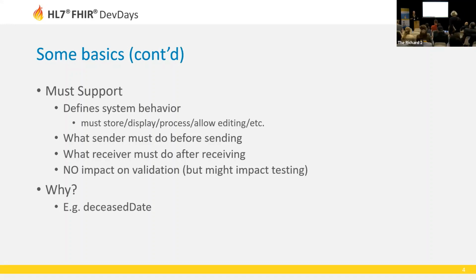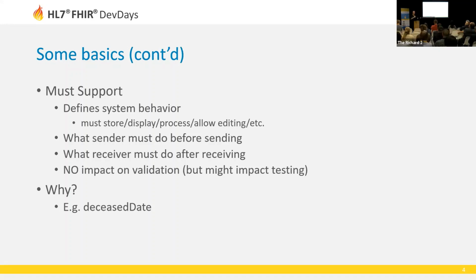I won't let people capture it in the user interface. Because if you are a registry system or you are managing vital statistics, you kind of need to be capable of dealing with it. So mustSupport is the mechanism that we have to talk about what we expect your system to do, irrespective of whether the data always has to be in the instance.